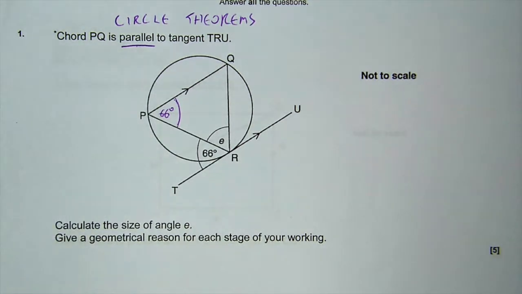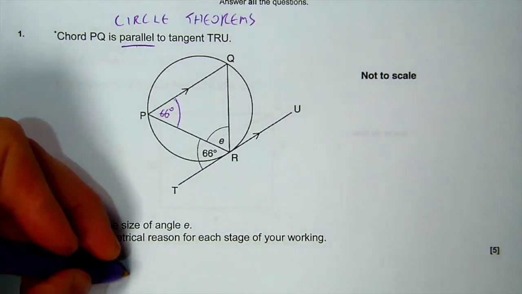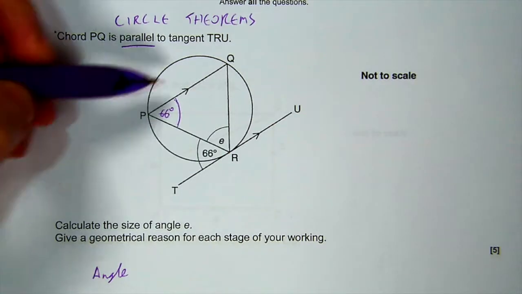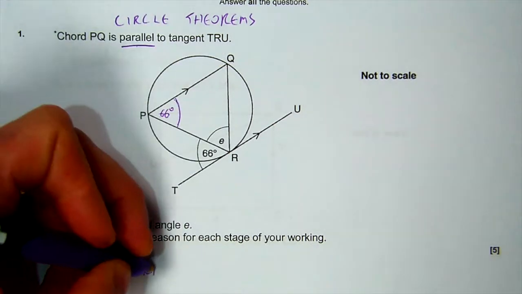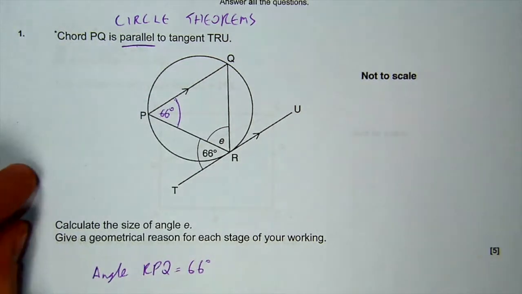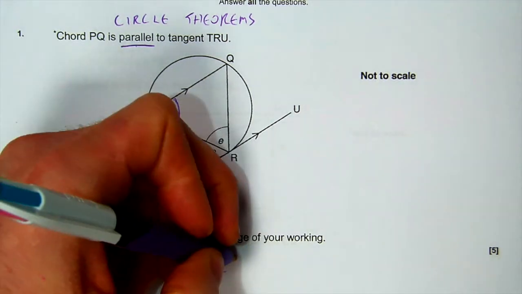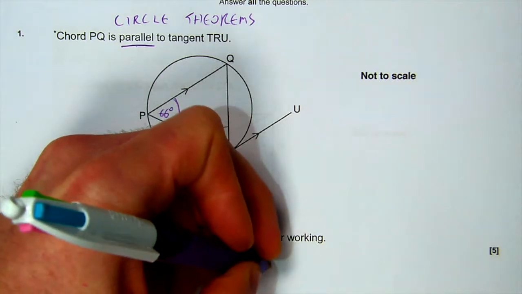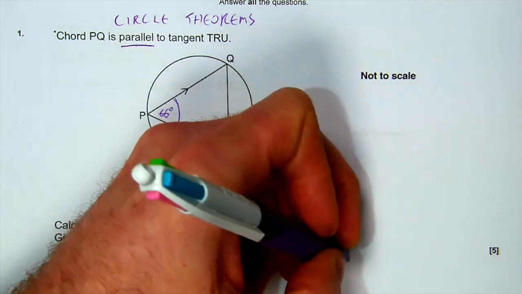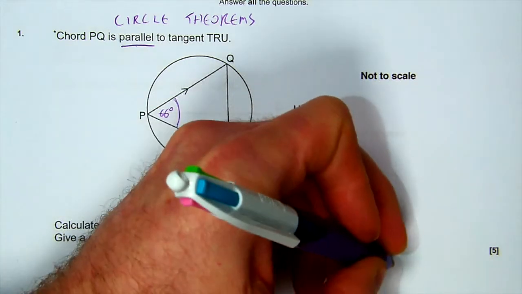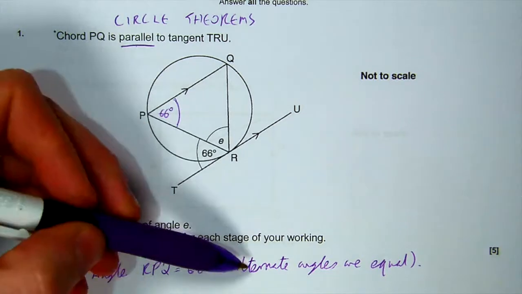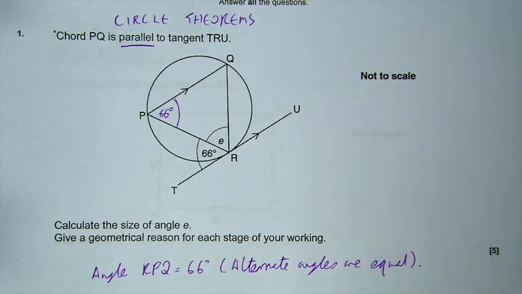So, angle, and I'm going to use the letters here, RPQ equals 66 degrees. The reason: alternate angles are equal. So I've given the reason.